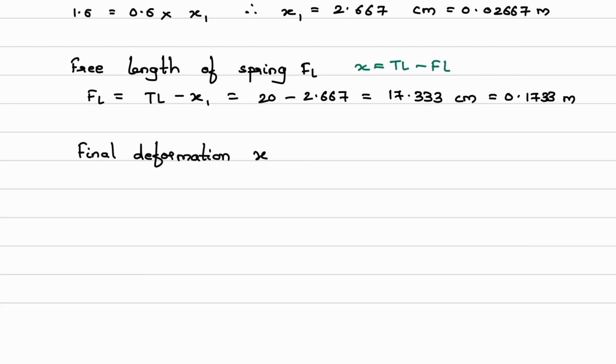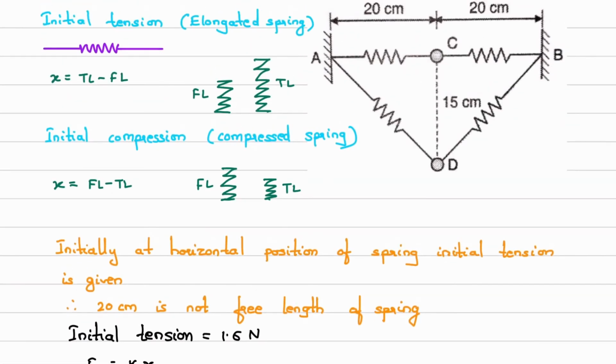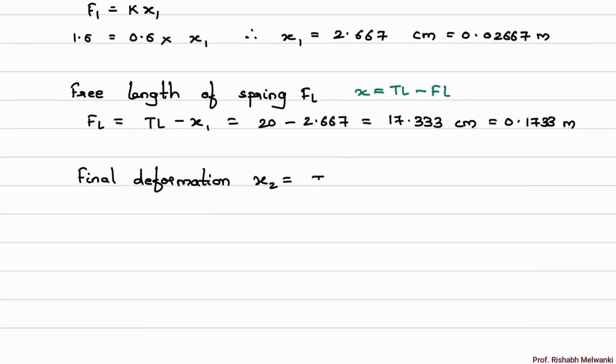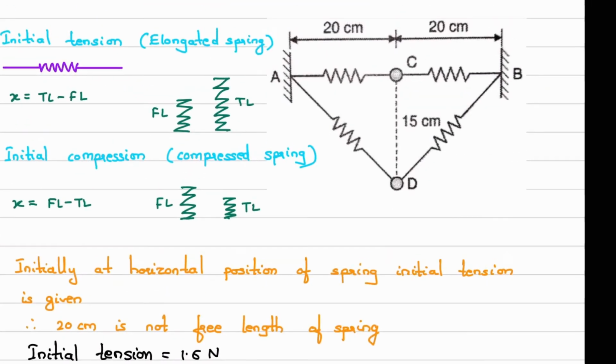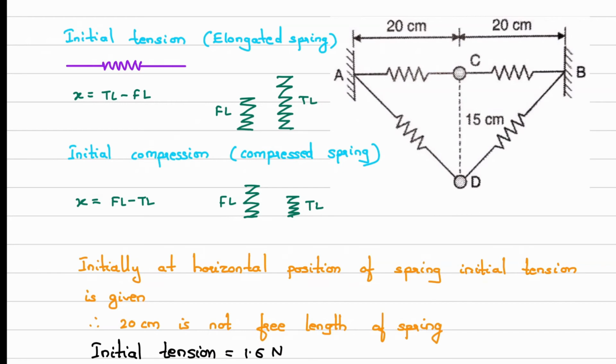x2 is equal to, how to calculate this now? Again here we have tension. The spring is elongated, and we are calculating x. So what will be the equation? It will be total length minus free length. What is the total length at the given position? We have to find the hypotenuse of this triangle ACD.